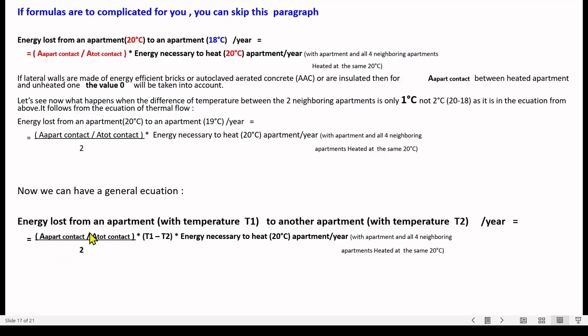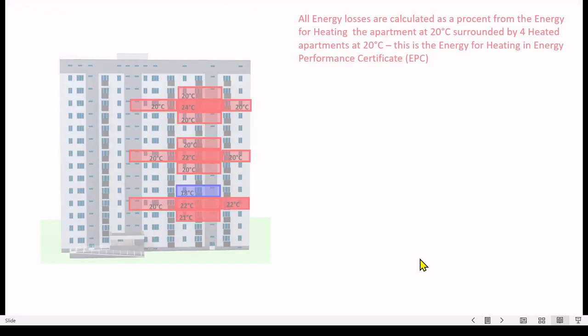It's the ratio of the area of apartment contact and total contact divided by 2, and this is the difference of temperature. And again, as the energy necessary to heat at 20 degrees an apartment a year with all four neighboring apartments heating at the same 20 degrees.